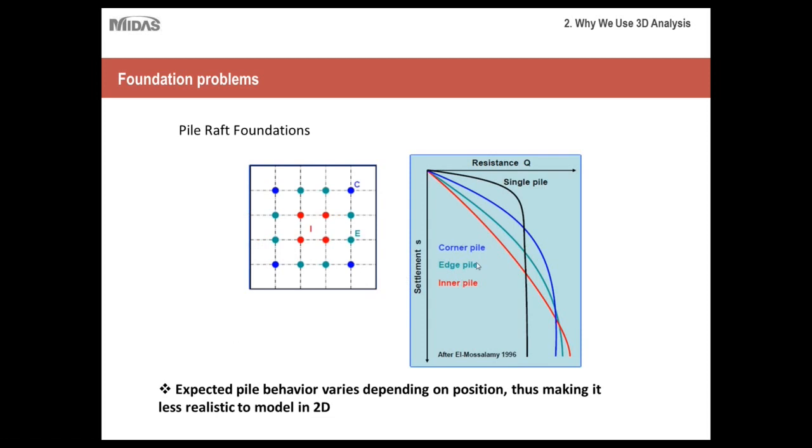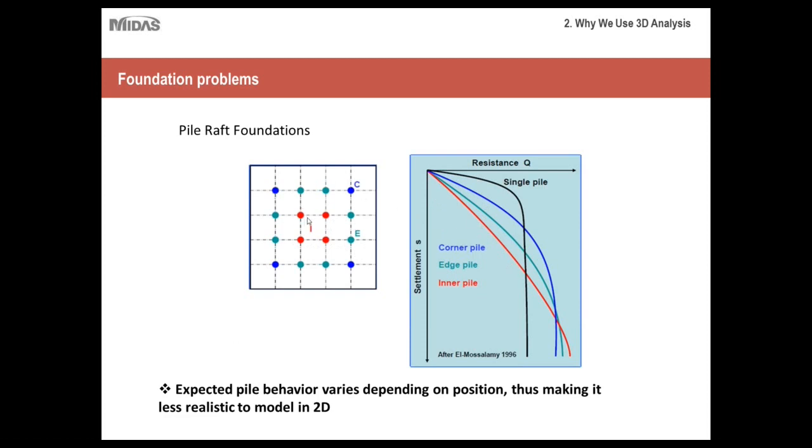And this just goes into what I was talking about previously. As you can see, even though the piles themselves are symmetric, they all have different resistances and settlements, depending on their position. These center piles here behave very differently from the piles along the corner.